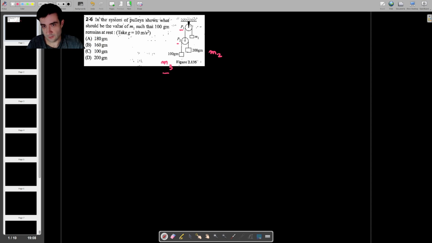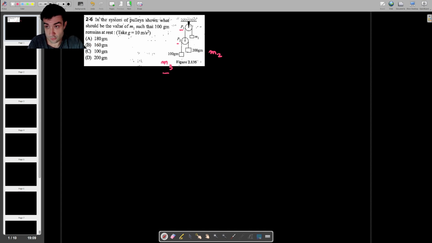Mass 2 would accelerate, up or down, we don't know yet. But M3 would be at rest, which is interesting because as you look at the system evolving over time, assuming the strings are long enough, of course, the 100 gram mass, M3, will stay in the same place. M1 and M2 would move, but M3, with respect to a ground observer, would be in the same spot. And understanding what that means, I think, is the key to solving this problem.